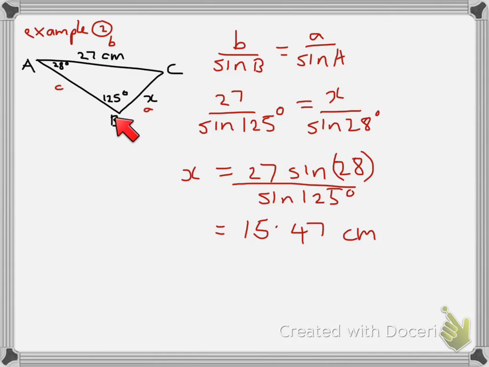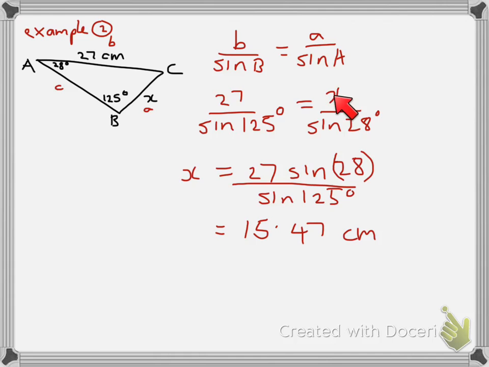Okay, so do we have a side angle pair? Well, yes we do. We have b, which is 27, and we have angle B, which is 125. So I'm going to use that pair, and I'm going to use a and sine A. So b on sine B is 27 over sine of 125, and that equals the unknown side x divided by the sine of its angle, which is the 28.